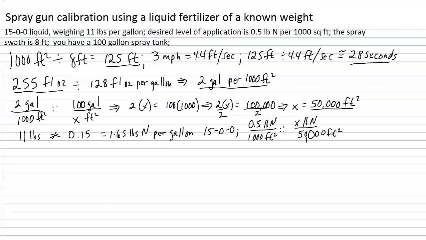Okay, so we have 50,000 times 0.5 equals X to 1,000, and this number turns out to be 25,000 equals X to 1,000.